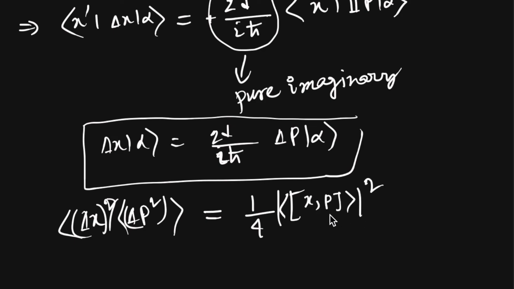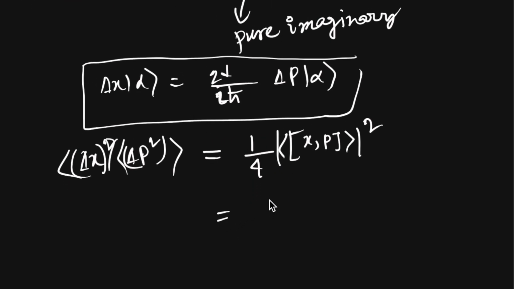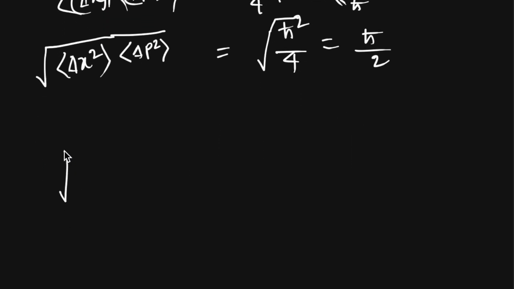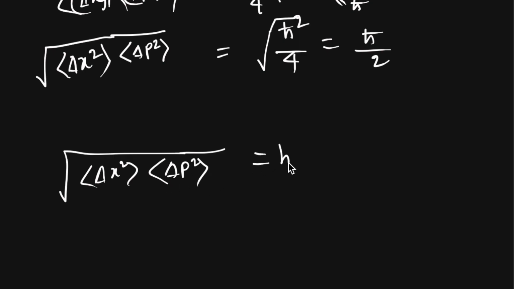As we know, the commutator x comma p is nothing but i h-cut, that means that will be h-cut square by 4. So root over of delta x square expectation times delta p square expectation is equal to h-cut by 2.